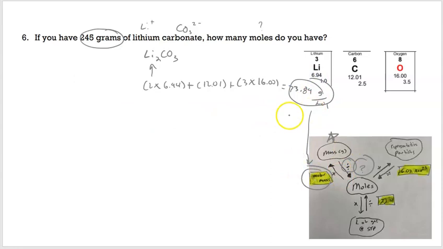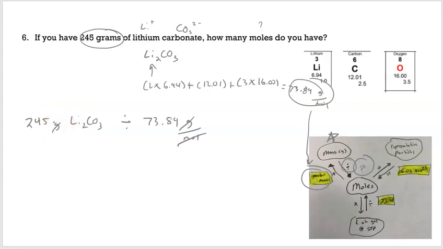So now that I know my molar mass, right, I can go ahead and plug that number in. So I'm going to take the mass divided by the molar mass to get moles. So our mass is 245 grams Li2CO3 divided by 73.84 grams per mole. Cross off the grams.